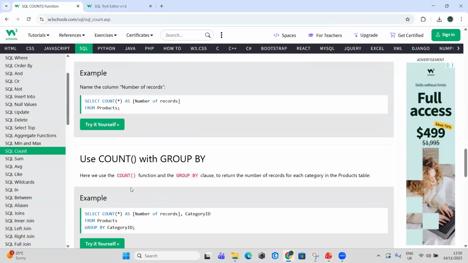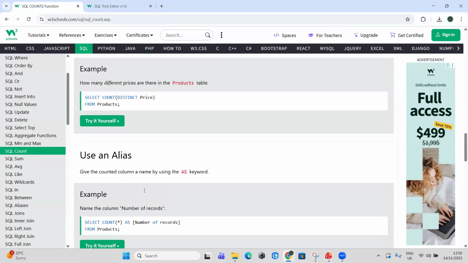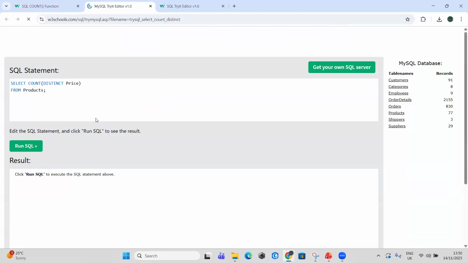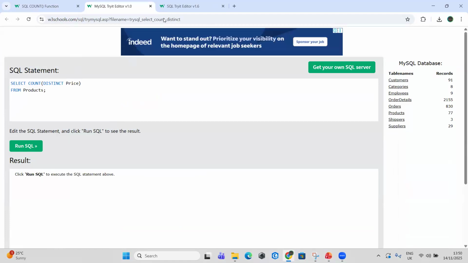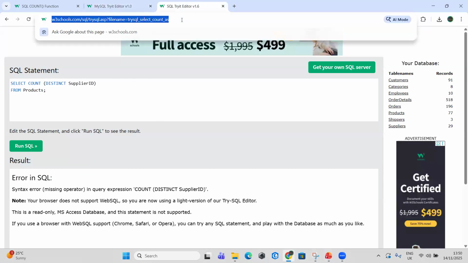I think their SQL thing is having some problem. Now, here it will work. Now, this time, is it the biggest or is it the smallest?